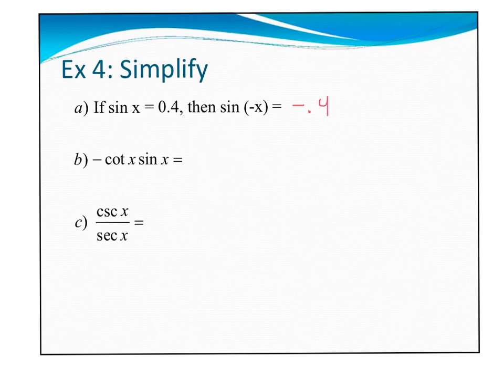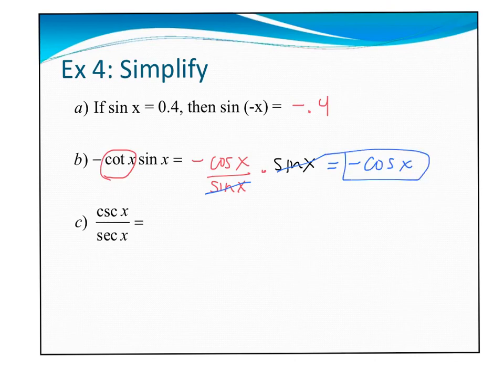Looking at part B, we want you to expand cotangent with our quotient identity. So I would say negative cosine x over sine x times the rest of the problem, sine of x, and then from here, those sine x can cancel, leaving me with negative cosine of x.